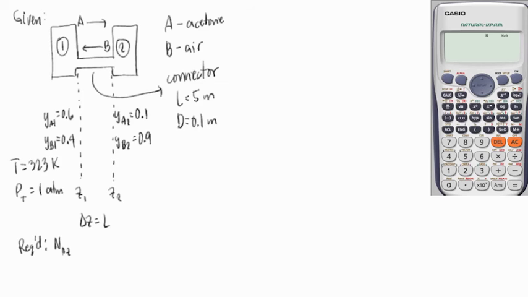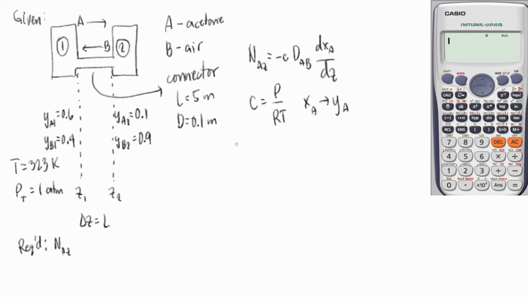And earlier we have derived our simplified equation for equimolar counter diffusion. We have the molar flux N_AZ is equal to negative C D_AB times dX_A over dZ. But then again, we are dealing with gases, so it's very important for us to convert our concentration in terms of pressure. So we have C is equal to P over RT, and we simply replace X_A with Y_A.